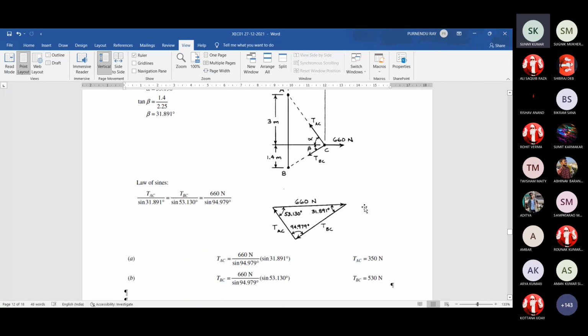This is the force triangle. This is one given direction and magnitude, and we write down this 53.130 degree.